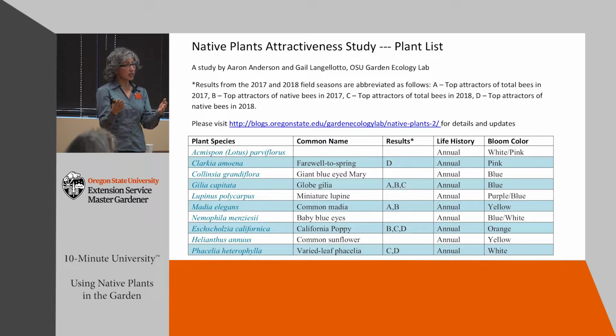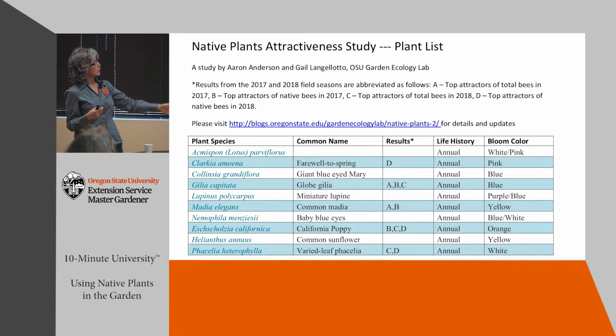But if you want to focus on native bees, you want to look at B. Those are the top attractors of native bees in 2017. Get that? So 2018 is the same thing, C, D. So if I only want plants for native bees from 2017 and 2018, I would just look at the plants showing in the results column B and D.